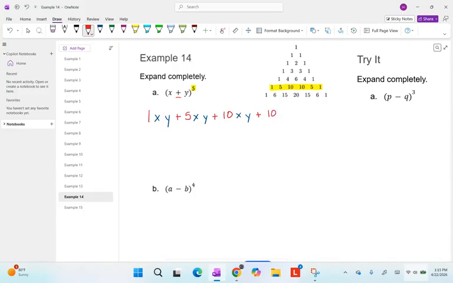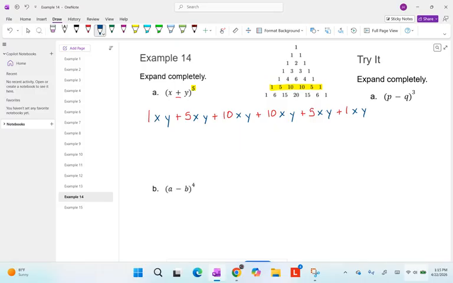Plus 10, another 10, x, y. Plus 5, almost done. Plus 1, x, y.